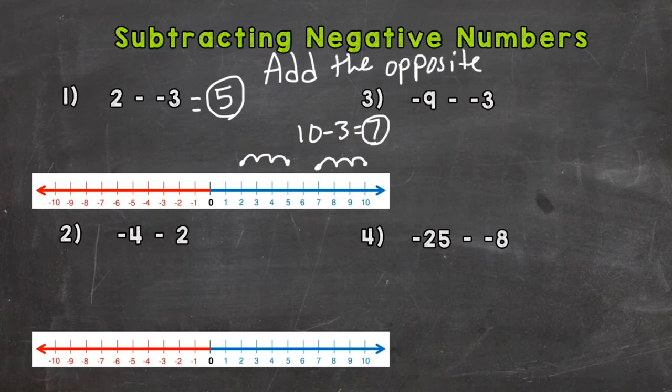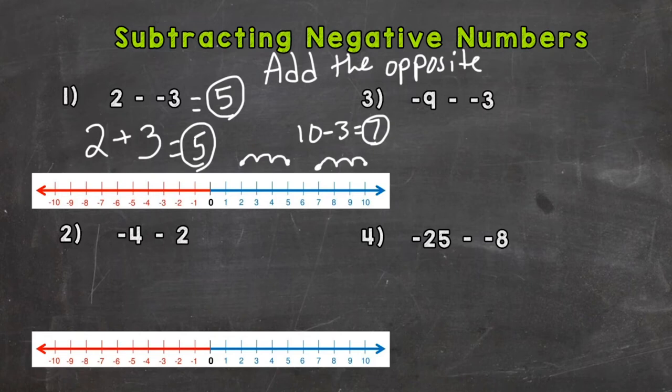So for number 1, we keep 2 as is. We change this to addition, and we need to switch the sign of the second number, the opposite. So instead of negative 3, we're going to have a positive 3. And that gives us 5, the same answer as when we wrote it out on a number line.